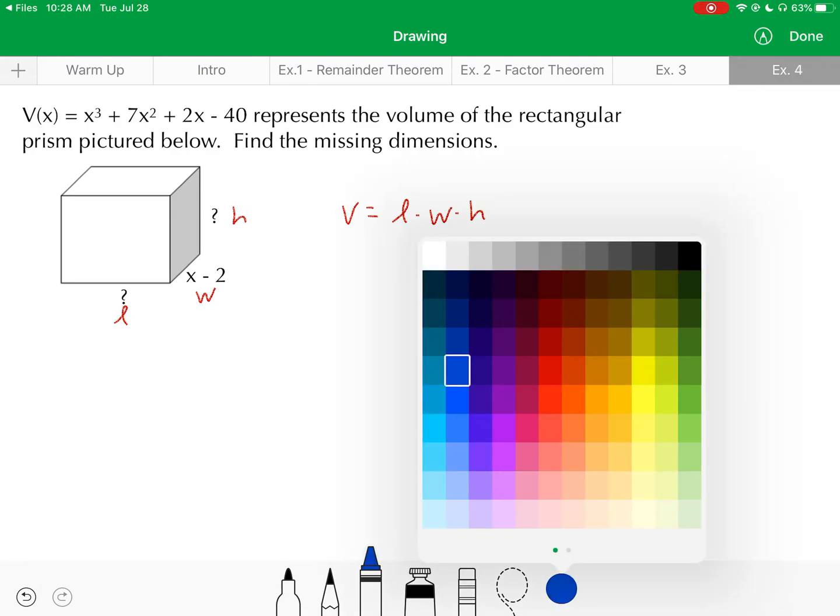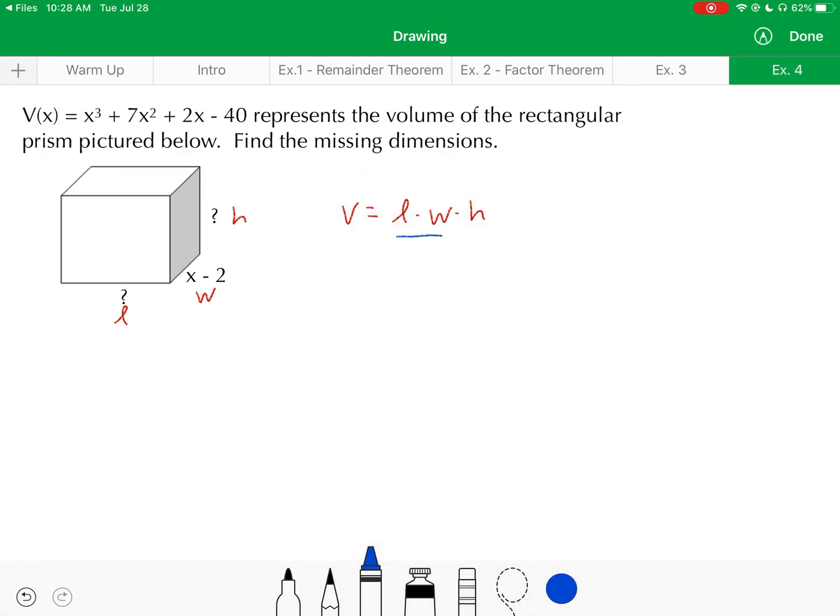So what I can do is I can divide both sides by the width. That'll wipe these out. And then that means that the volume divided by the width would equal the length and the height, right? And the length and the height you can think of as factors since they're multiplying each other, okay?